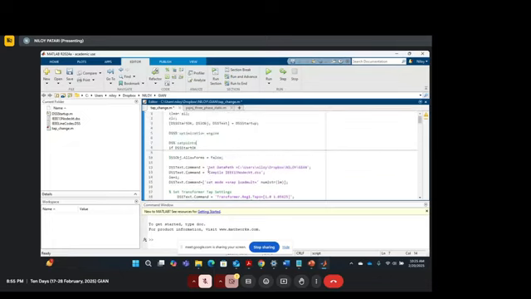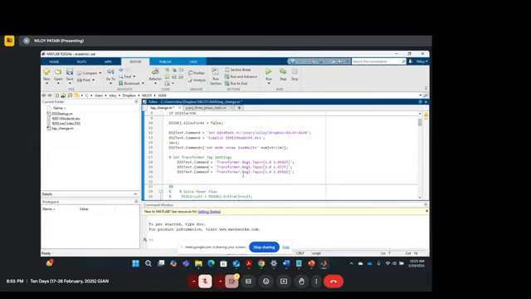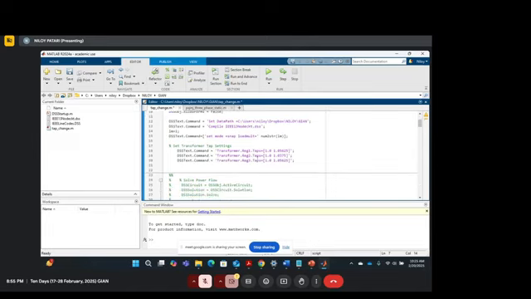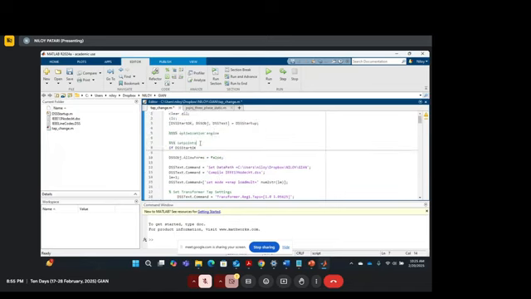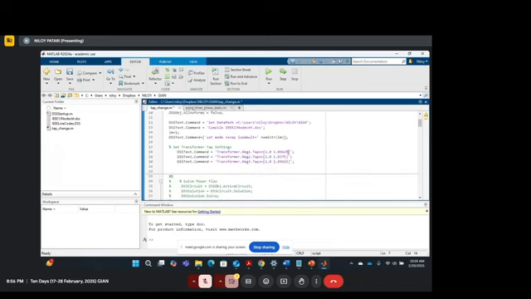So what do you do? Suppose I'm giving an example of a regulator. If the tap setting is, say, 9, then it is 9 multiplied by 0.00625 plus 1. So you can put the same tap settings here. These are the control commands for regulator tap settings.